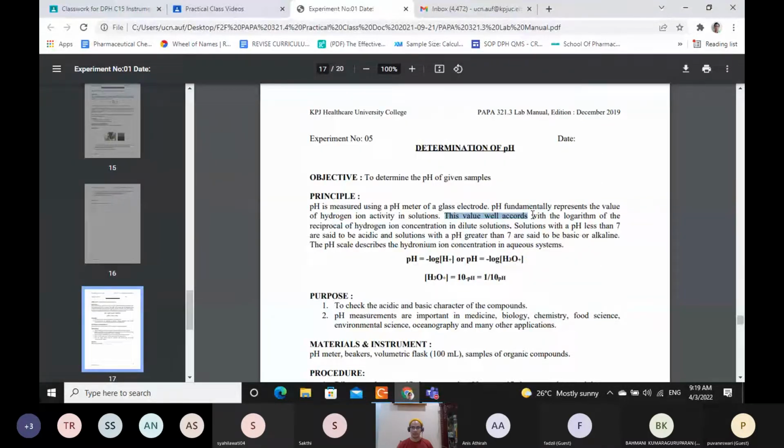This value well accords with the logarithm of the reciprocal of hydrogen concentration in dilute solution. So kat sini dia kata bacaan pH tu is based on the amount of hydrogen ion yang ada dalam kita punya test solution. So the idea is the electrode yang kita celup tu, dia akan ukur, dia boleh detect berapa banyak hydrogen ion yang ada dalam kita punya solution.